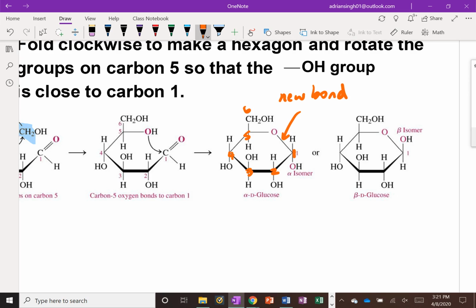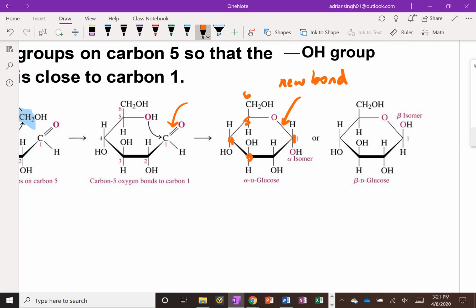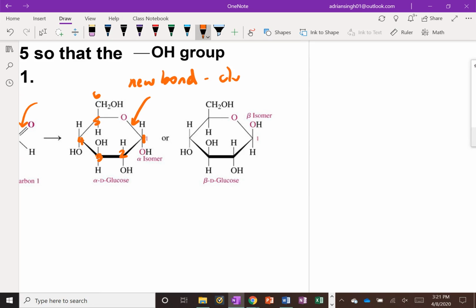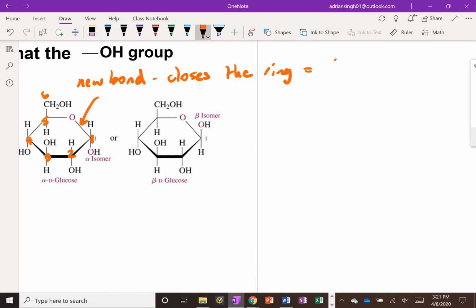We end up making a new bond, and then on carbon 1, where that original aldehyde was, the C double bond O, this goes away and it gets converted to a regular bond to a hydroxyl, or an OH group. So when we make that new bond, it actually closes up that ring, and we end up making a 6-sided ring, which we call a pyranose ring.